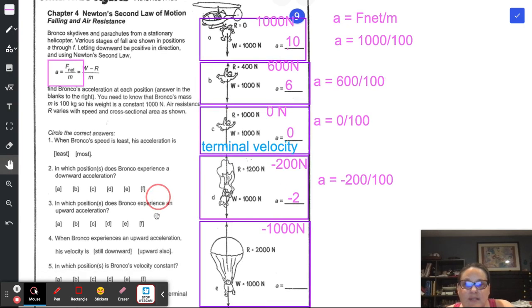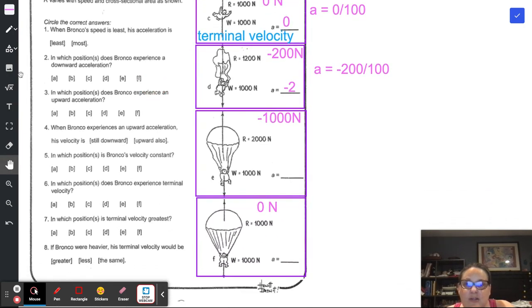Going ahead and moving down to the last two calculations here, we have acceleration equals negative 1,000 divided by 100, which is equal to negative 10.